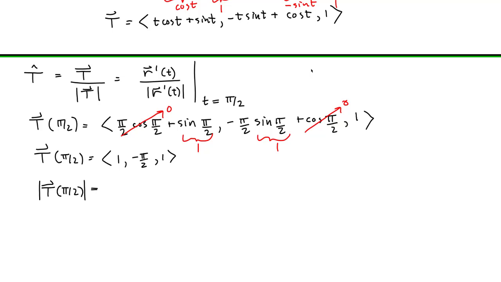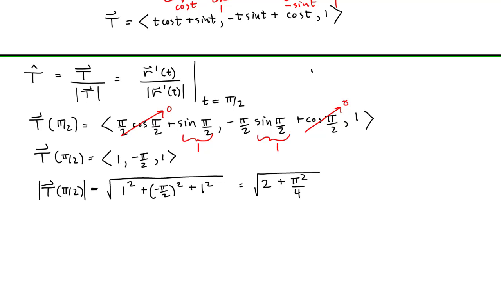The magnitude of the tangent vector evaluated at pi over 2 is equal to the square root of the sum of the squares of the components: x component squared plus the y component squared plus the z component squared. This is the square root of 2 plus pi squared over 4.